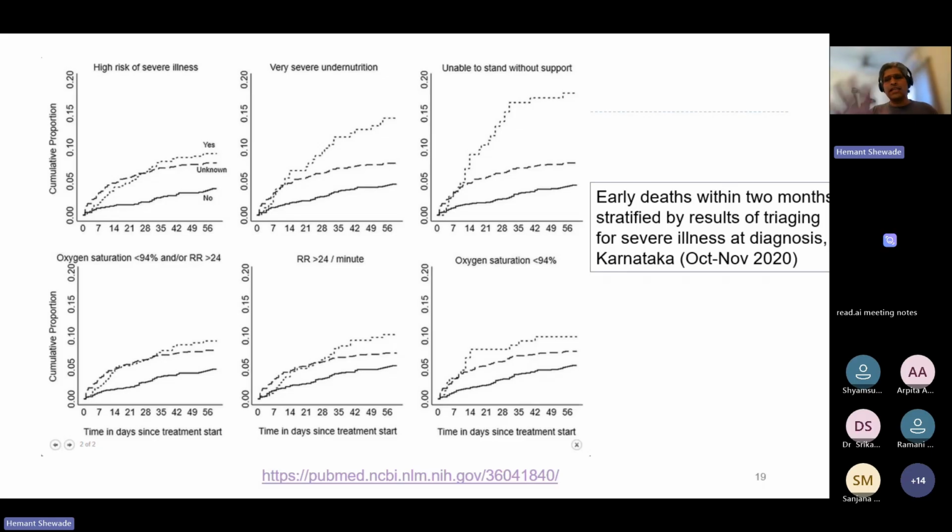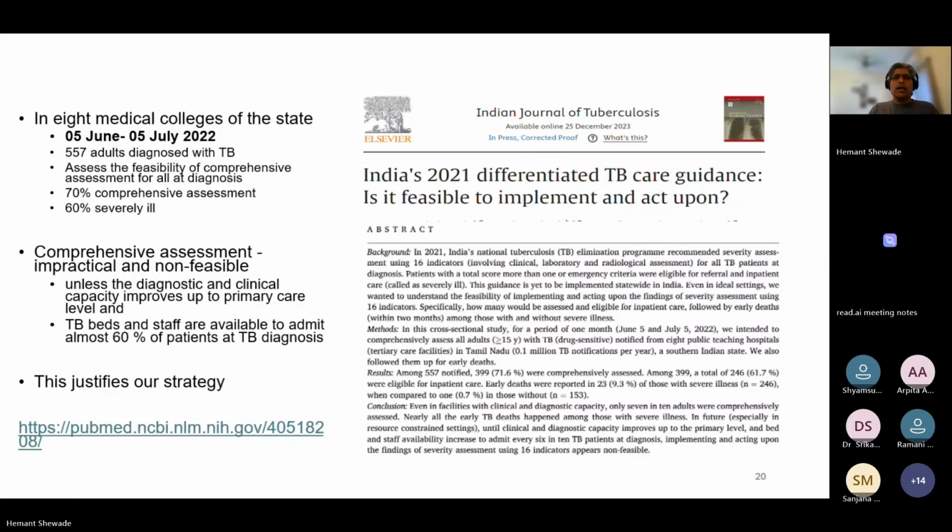Based on this data, we estimated that if differentiated TB care involving these 5 triage variables is scaled up and appropriate care is taken, around 20 to 30% death reduction is possible just based on differentiated TB care based on these 5 triage variables.